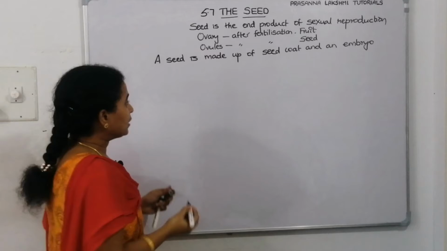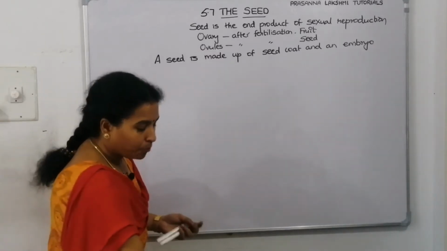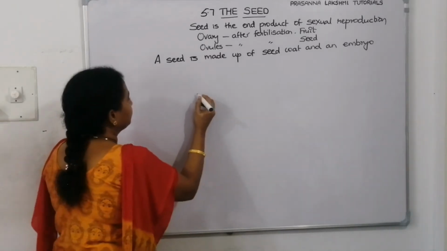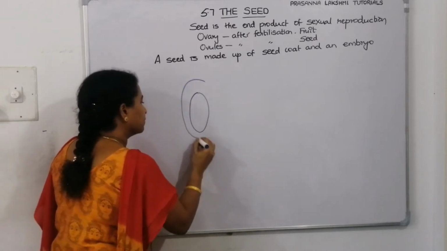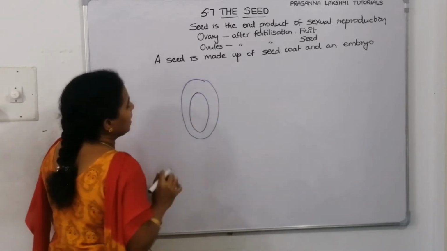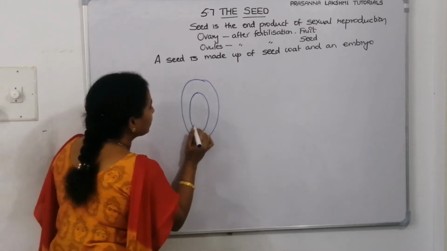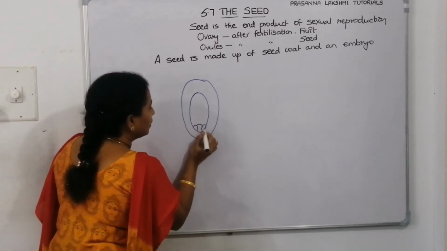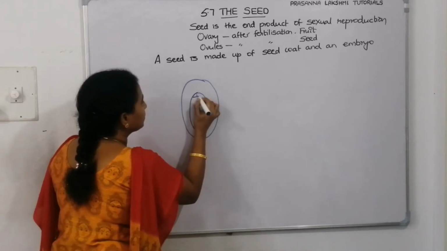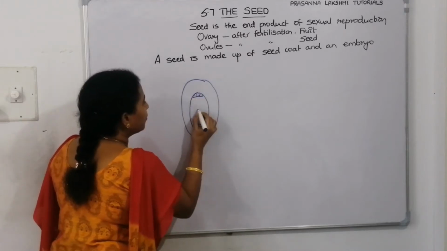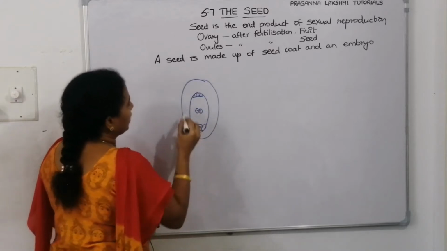Now, quickly, let's see the picture of an anatropous ovule. This is the embryo sac. This is the egg and these are synergids. These are antipodals and these are two polar nuclei.